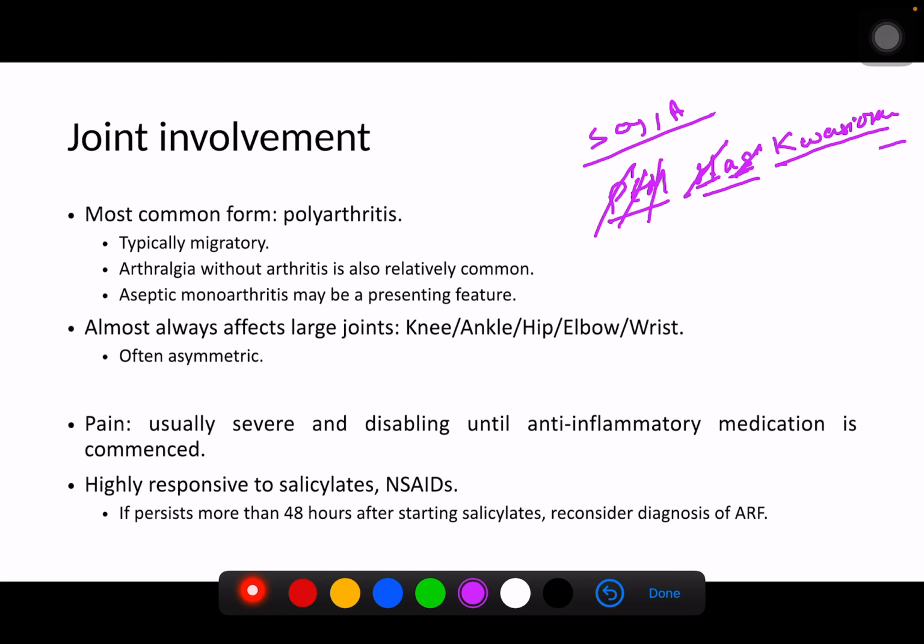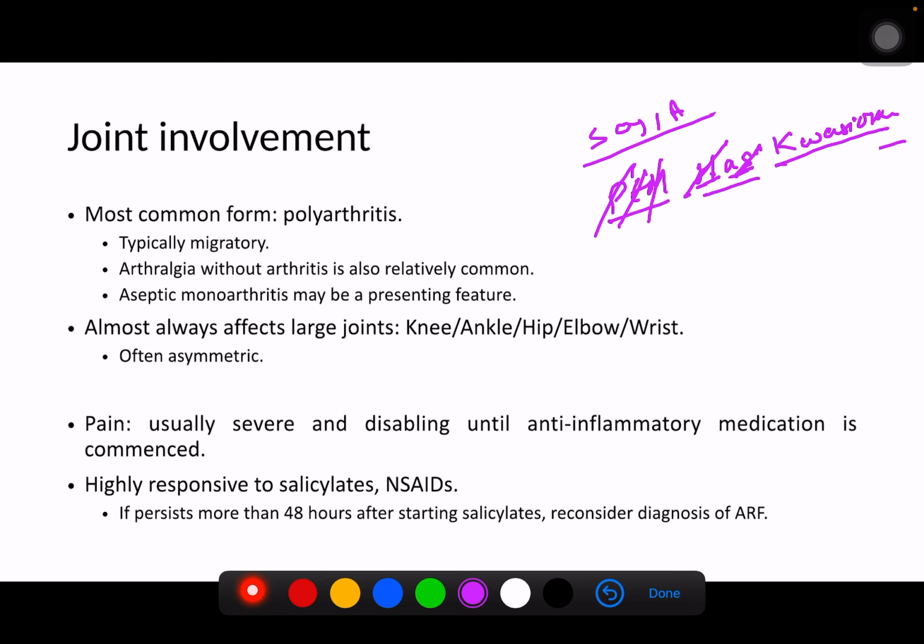Now the joints are typically involved. There is a migratory joint involvement, and there can be arthralgia without arthritis. It mostly affects large joints. Pain is usually severe and disabling until anti-inflammatory medication is commenced.